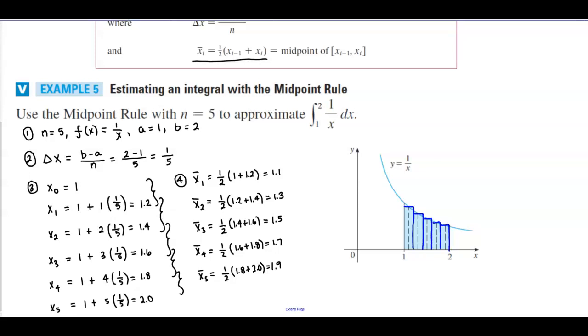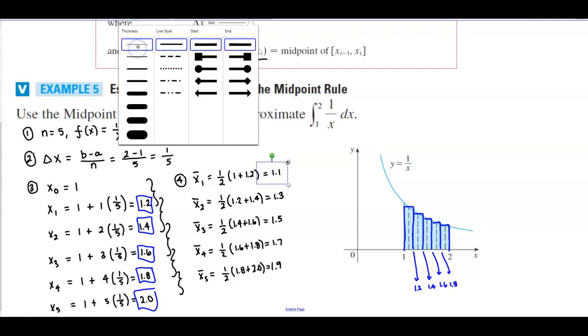We know that our first point is 1, and this is going to represent the endpoint of 1.2, which is this one here. And then 1.4, 1.6, 1.8, 2.0. So let's go ahead and label those. These are the endpoints. We're not using those, but it's good to be able to see that. So we have 1.6, 1.8, and then 2.